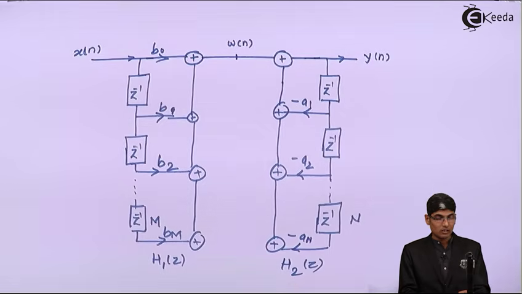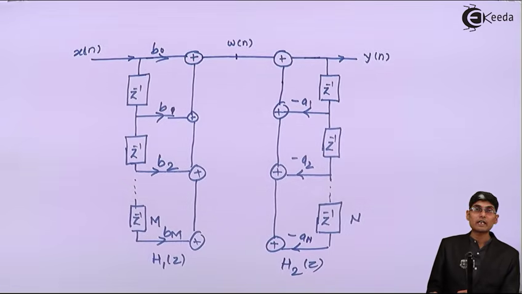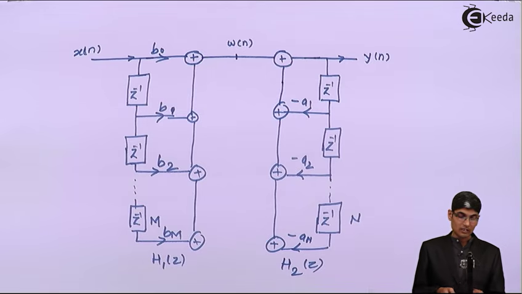So this is the structure of an IIR filter, which has a backward direction and a forward direction. The backward direction denotes the poles, the forward direction denotes the zeros. So in an IIR filter, we normally have a pole-zero structure. So we will have a forward going direction and a reverse going direction.